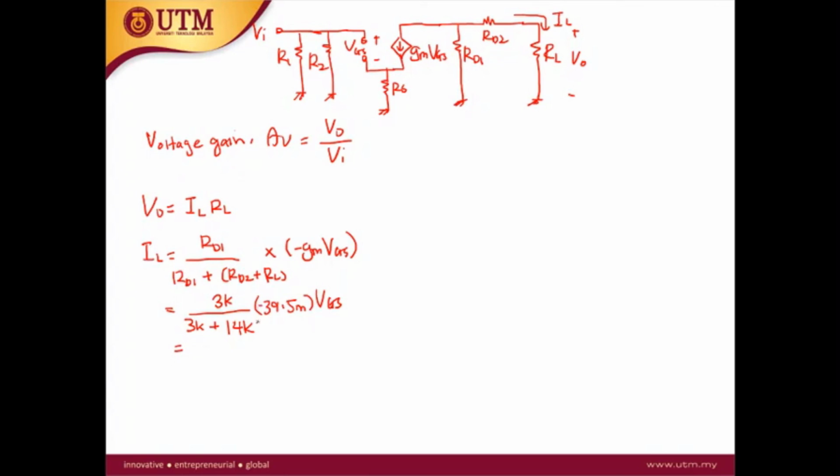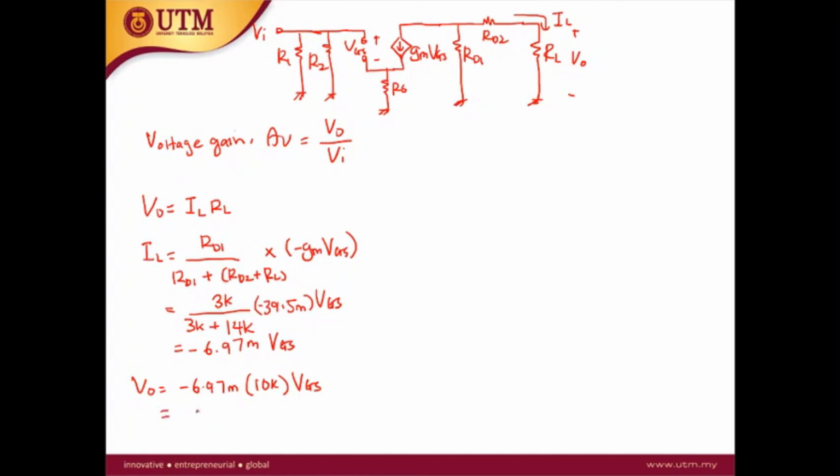Sorry, I missed the minus here. This is minus 6.97 milli VGS. This is IL. So V out is equal to minus 6.97 milli times RL, which is 10K, and then you have here VGS, because IL is minus 6.97 milli VGS.